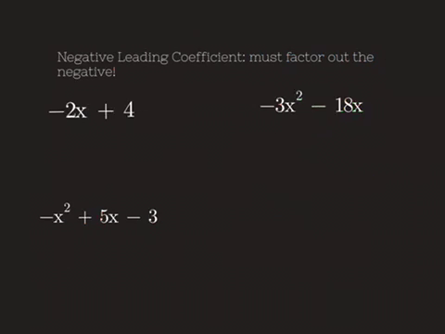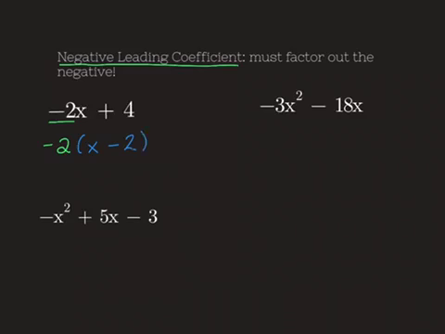Another important thing to remember about factoring is when we have a negative leading coefficient, we always have to factor that negative out. So if I look at negative 2x plus 4, I know they're both divisible by 2, but since my leading coefficient is negative, I'm actually going to factor out a negative 2. So negative 2x divided by negative 2 is a positive x, and then 4 divided by negative 2 is a negative 2.